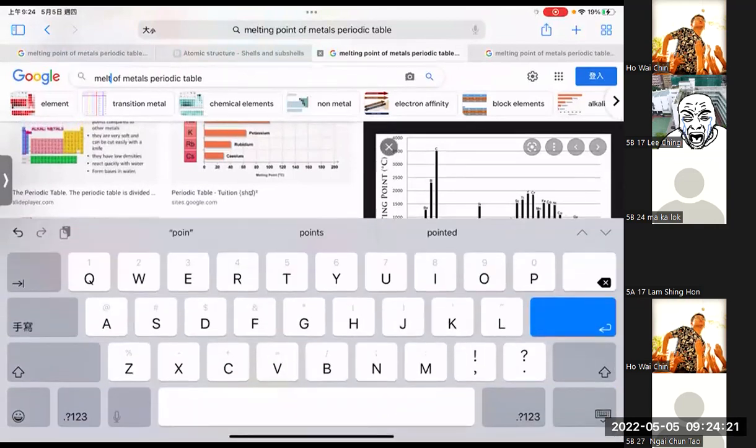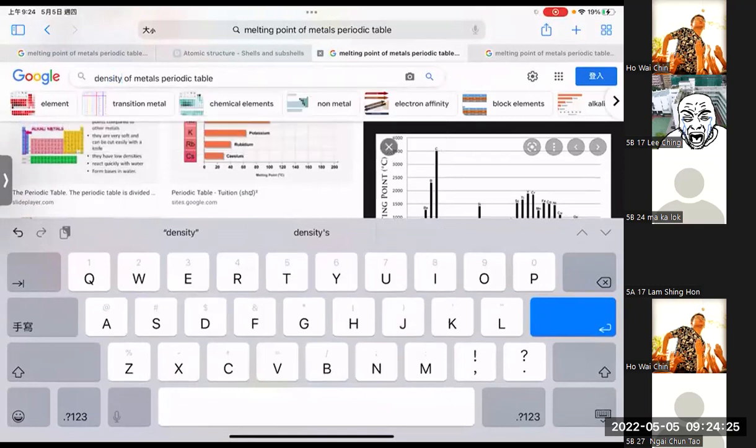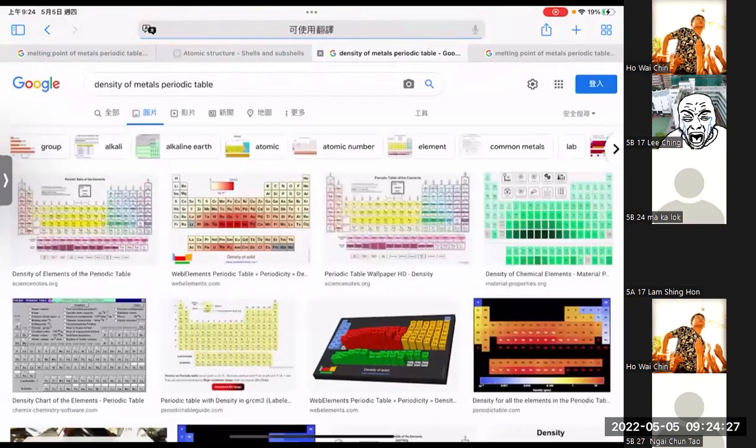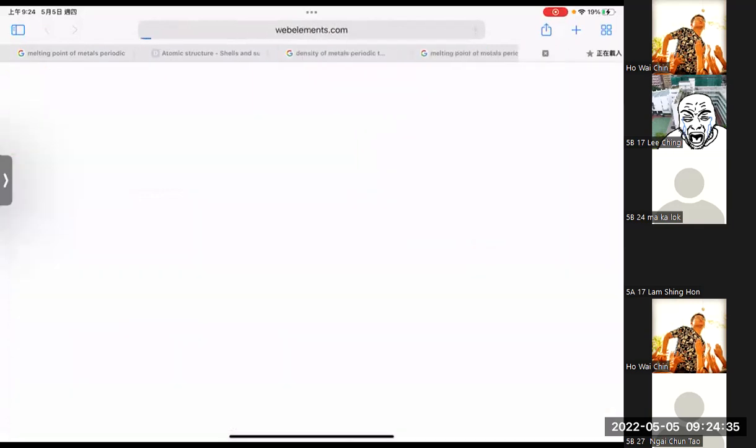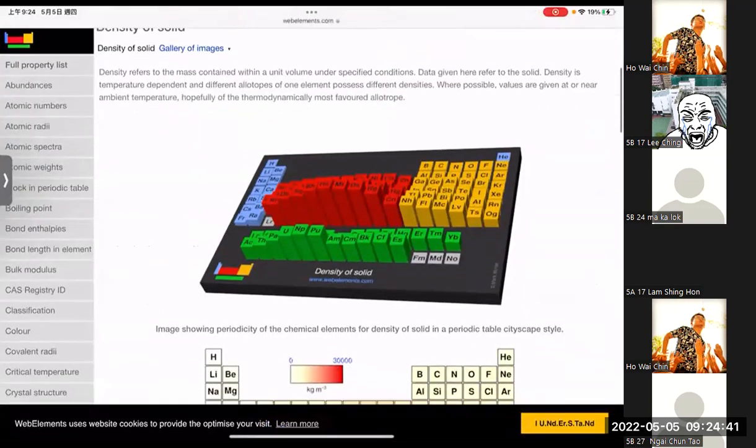And you may find some similar comparison. But you talk about the density of it.